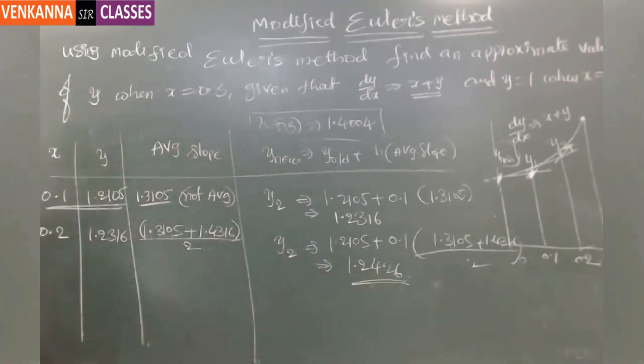And in the next iteration, again you take this value here, and this is 0.2 and 1.2426. The sum of these two will be the slope, and take the average of 1.3105 and this value. Got it?